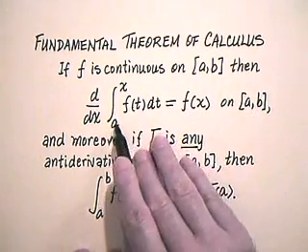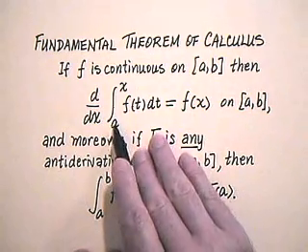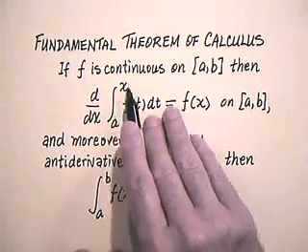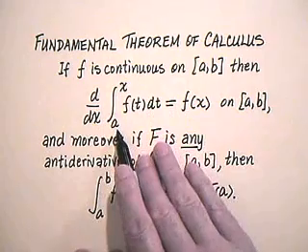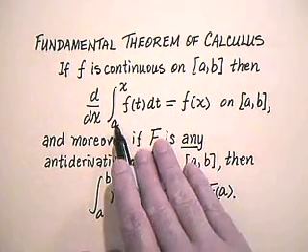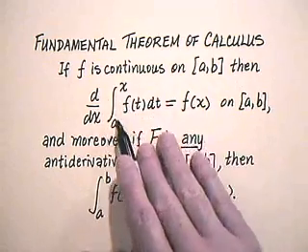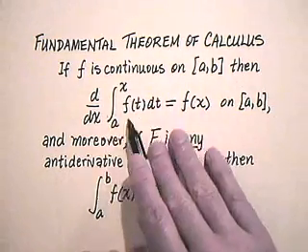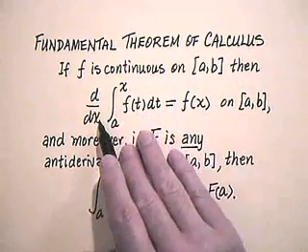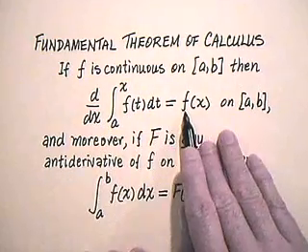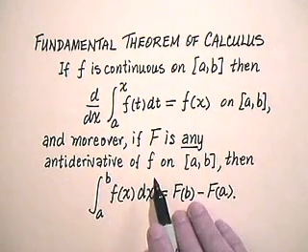That is, if I look at the definite integral from a to x as a function of x, the lower limit is fixed at a, the upper limit is now variable, so now I have a new function of x. The derivative of that function at x is simply f(x).